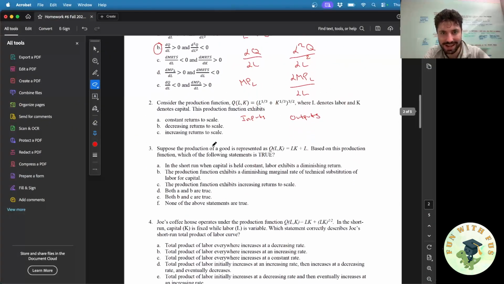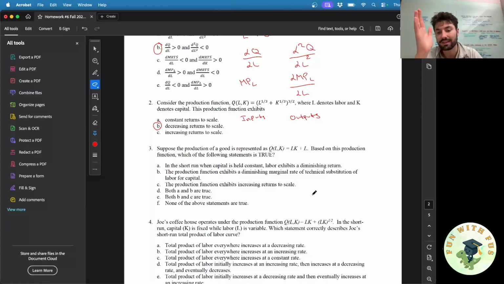So that's how I would tackle these using the key. We got B. For this type of question, which of these statements is true? So just looking at derivatives again. Labor exhibits a diminishing return. That's asking me, I think the same as what we had in number 1, DMPL, DL. It's not asking me is labor increasing or decreasing.